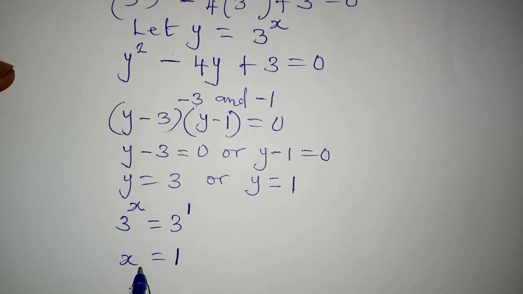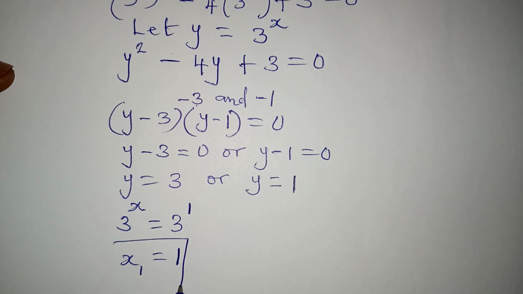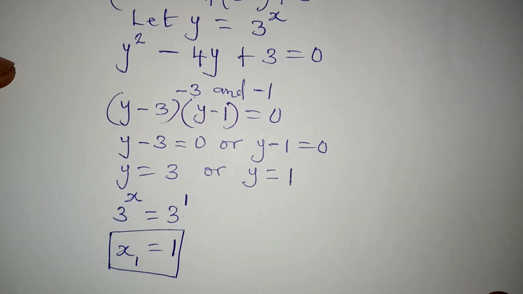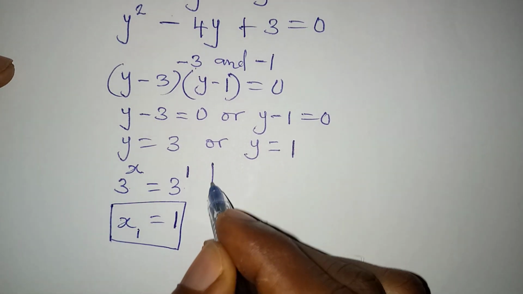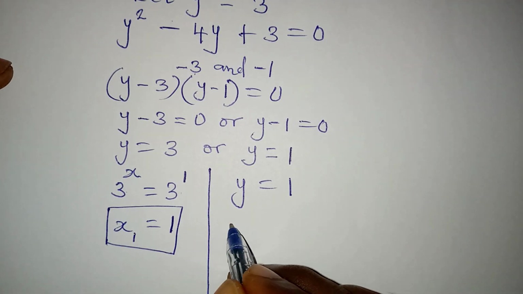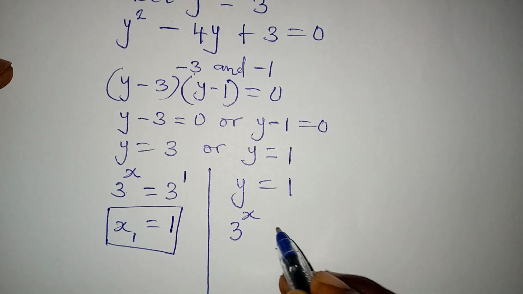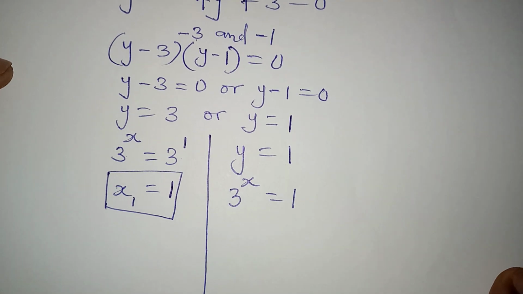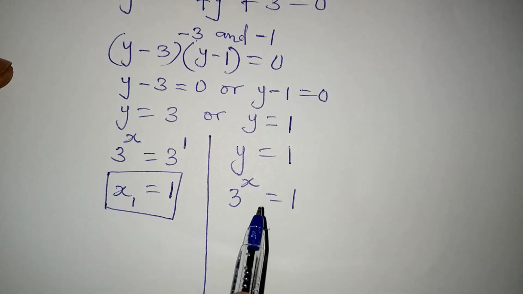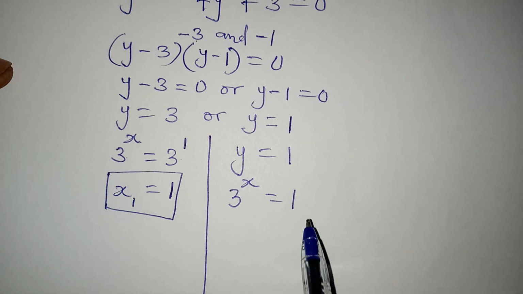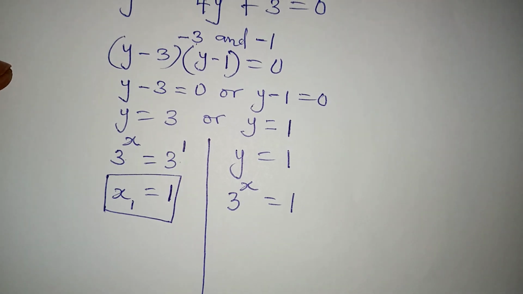1. Let me call this x1 to be equal to 1. Now to get x2, I'm going to go back to the second value of y, y equals 1. And we have y to be equal to 3 to the power of x, and this is equal to 1. Remember, for any number raised to the power of another number to give 1, it means that that number must be raised to the power of 0.